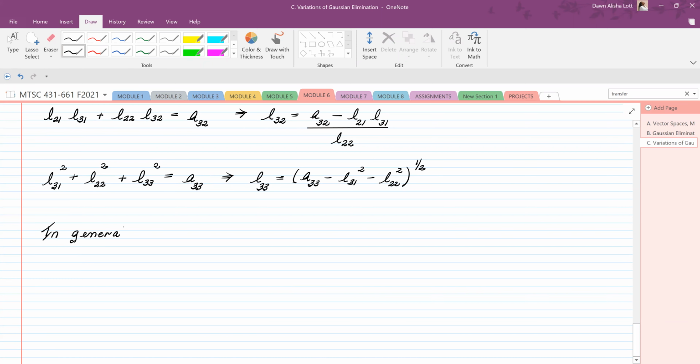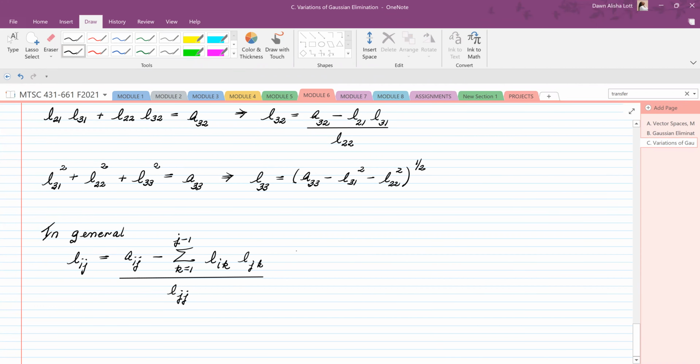Lij is equal to aij minus the sum from k equals 1 up to j minus 1 of Lik times Ljk, all over Ljj.